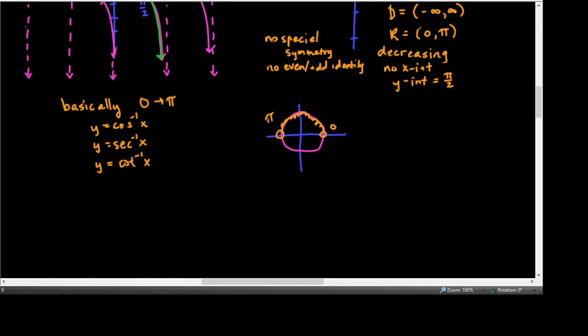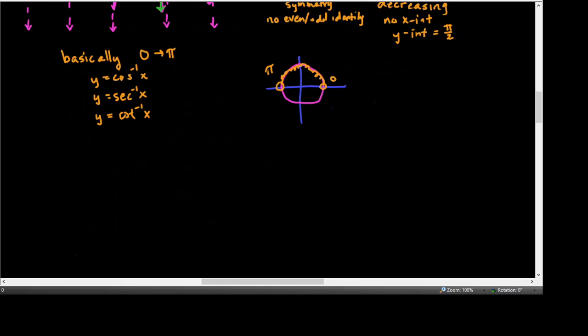Now, some issues with calculator. If you look at your calculator, you're going to find a button for sine inverse of something, for cosine inverse of something, and for tangent inverse of something. The other three inverses do not have a button on your calculator. You just can't. So if someone says, what's sine inverse of 0.2?